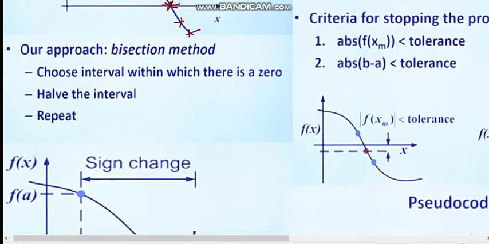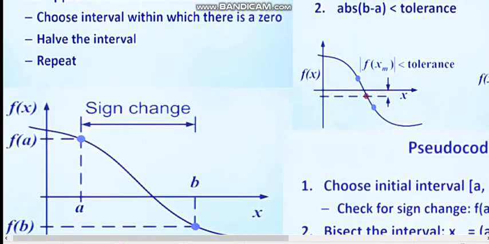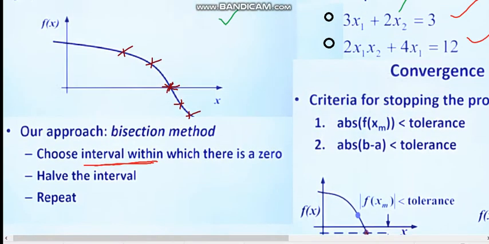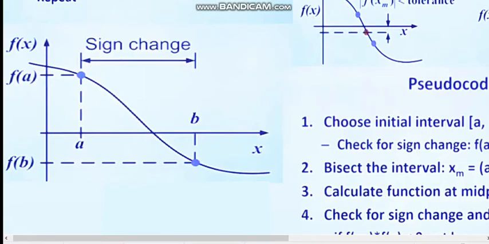Now in this bisection approach, we have to choose one interval within which there is a 0. For example, in this case, we have to consider an interval from this point which contains this 0. We can explain it here. If you consider this graph, this is the same graph, but let's consider this point, which has a positive value of f of x, and another point here where we have a negative value of f of x.